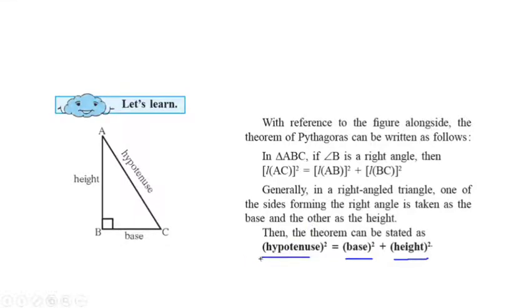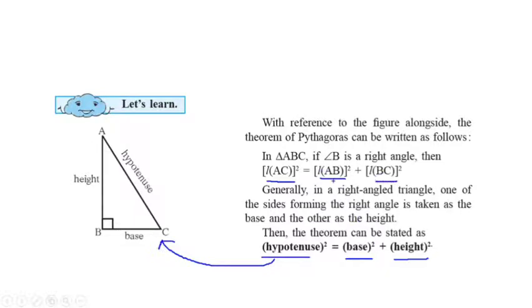In other words, if we apply it on this triangle ABC, who is the hypotenuse? Side AC is the hypotenuse. So we are writing here length AC. Base is BC, so base square, and AB is the height.